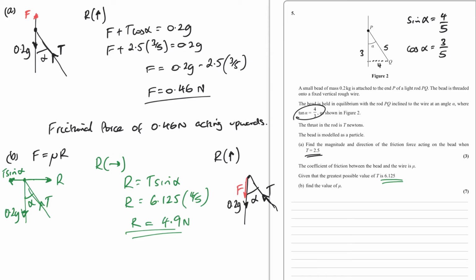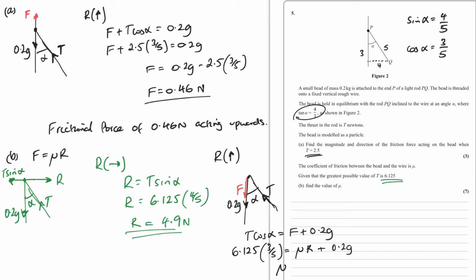So resolving vertically, we would have T cos alpha equals friction plus 0.2 g. T is 6.125. Cos alpha is 3/5. F is mu R, which we know what R is, and we've got our 0.2 g.